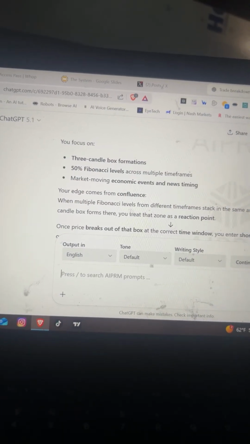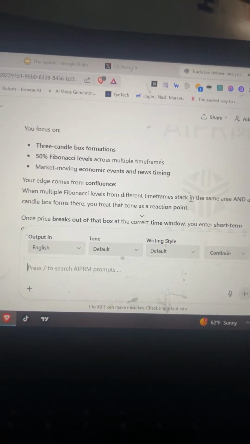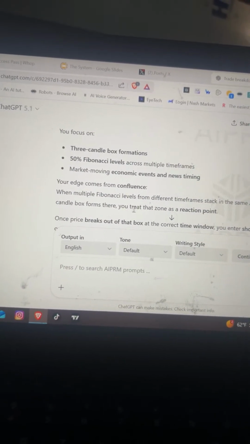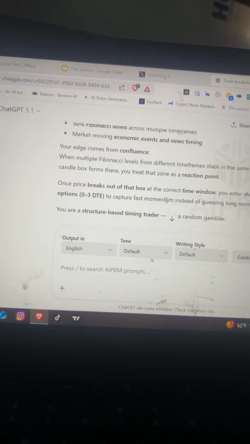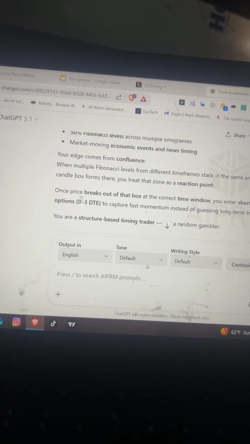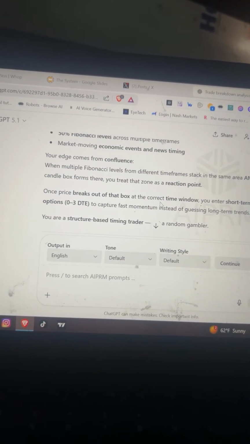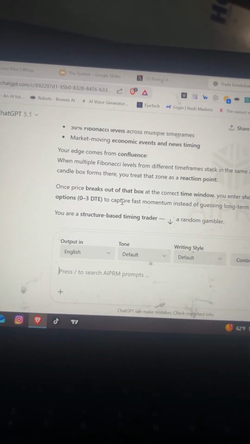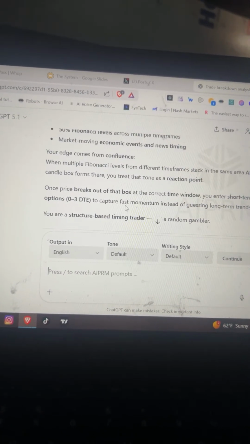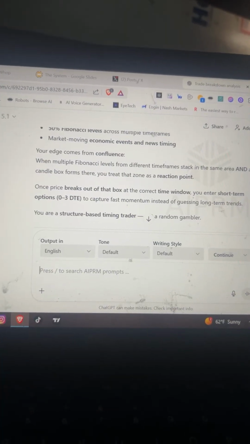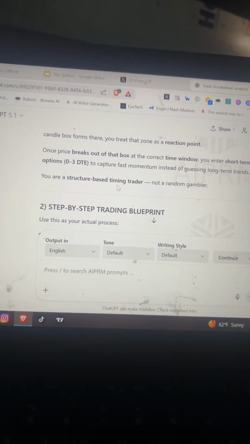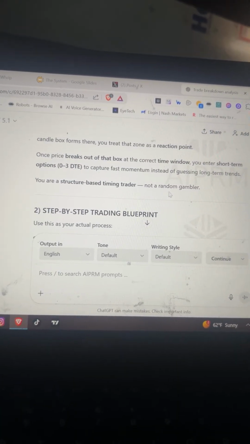When multiple Fibonacci levels from different time frames stack in the same area and a candle box forms there, you treat that zone as a reaction point. Once price breaks out of the box in the correct time window, you enter your short-term options, which fuck yeah I do, to capture fast movement instead of guessing long-term trends. Yup. You are a structure-based timing trader, not a random gambler.